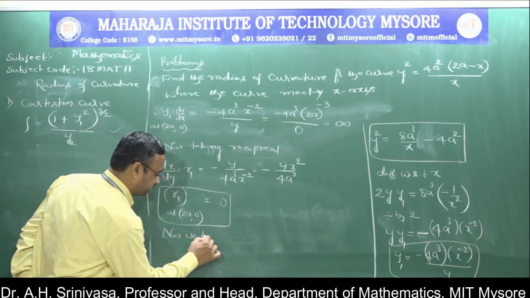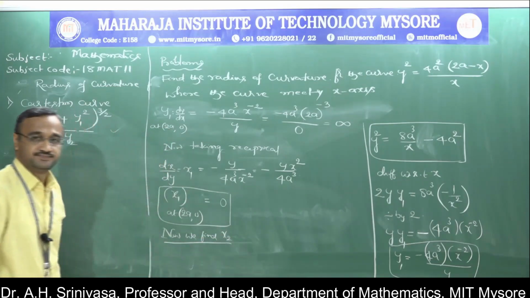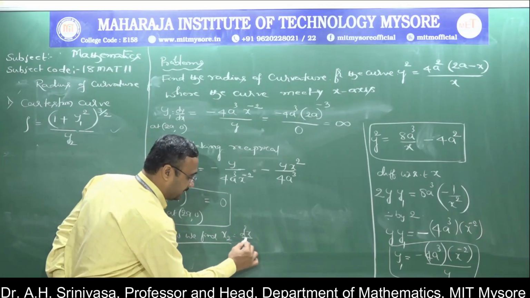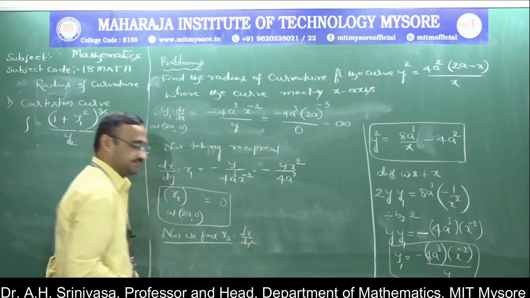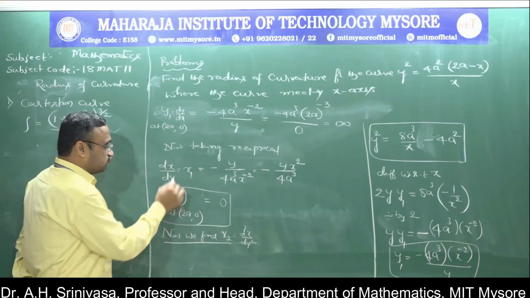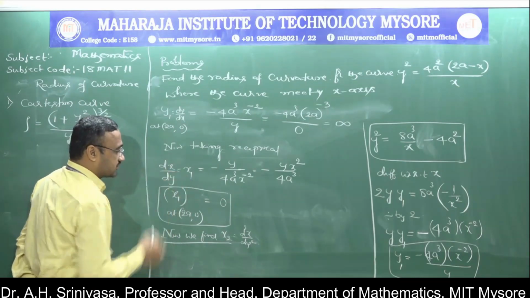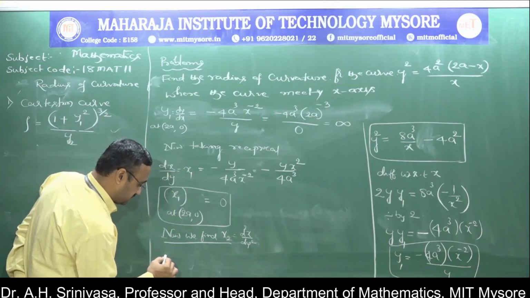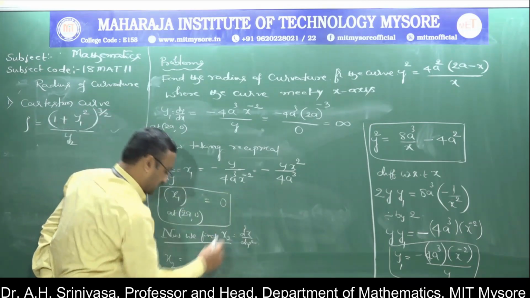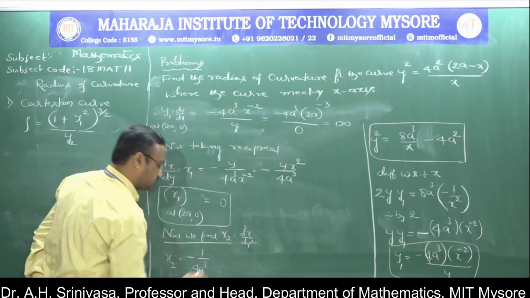Now we find x2. x2 means, you have to remember, this is d square x by d y square. Now we are going to differentiate this with respect to y. This becomes x2, minus 1 by 4a power 3.